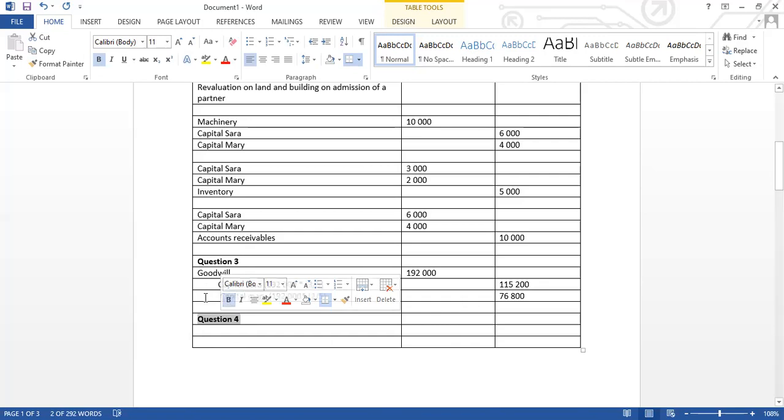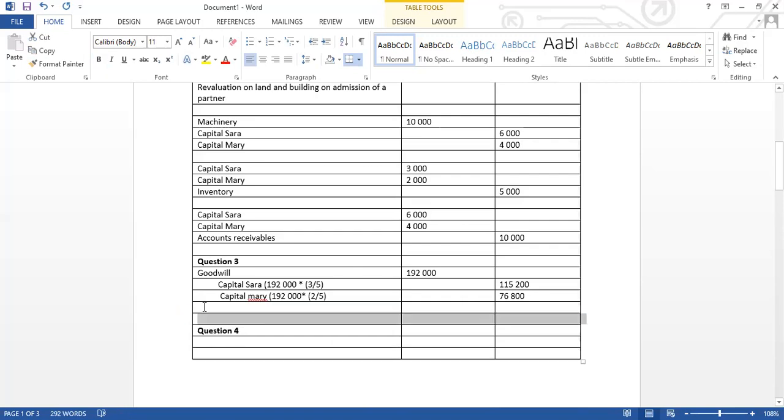So for the narration, in case you're asked for the narration, this is just a journal entry to show the recognition of goodwill, how goodwill has been recognized.